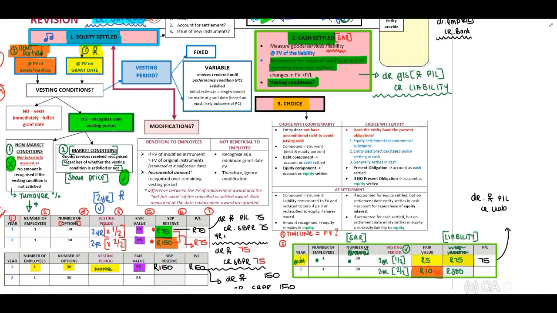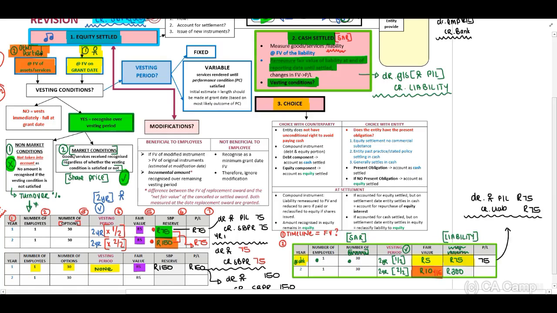But guys, my recommendation, always use the word cash settled. Okay, you will identify some of the examples use different words, but I want you to please refer to the word cash settled liability. And this will be 75 Rand and 75 Rand. Remember, this is grant date.